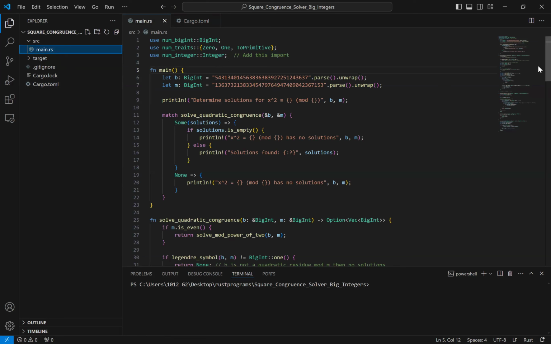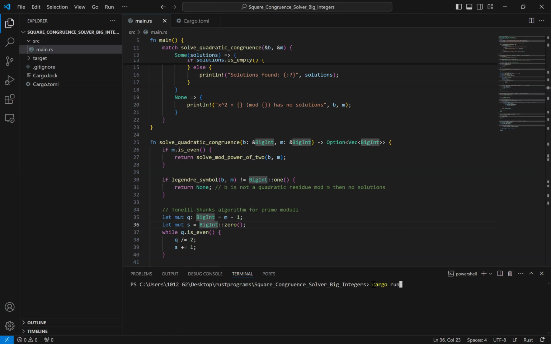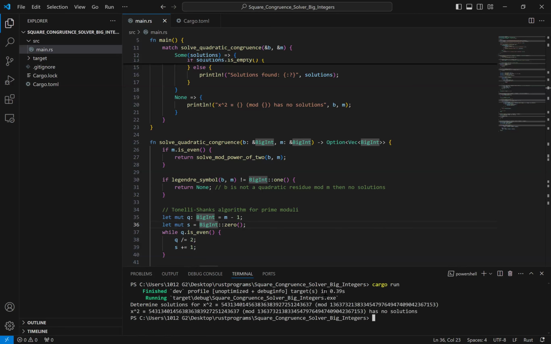Everywhere where it was, just replace with that, and so on. And then try to run. Then it runs. These are very huge numbers.